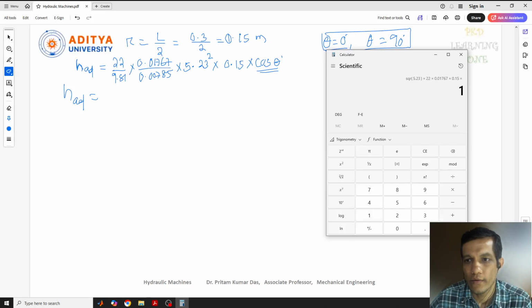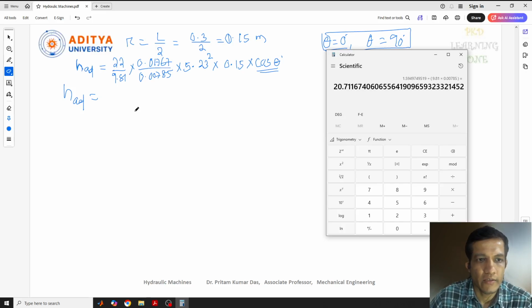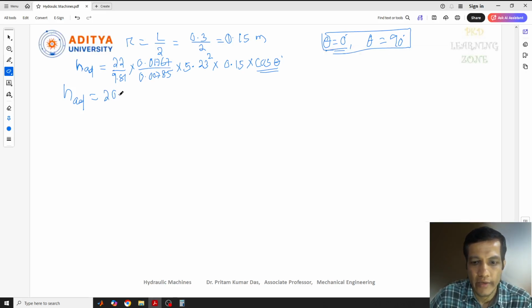Put 1 for cos theta. Now the whole divided by, let me start the bracket, 9.81 multiply 0.00785 and bracket close. We got the value 20.711, this much times cos theta.